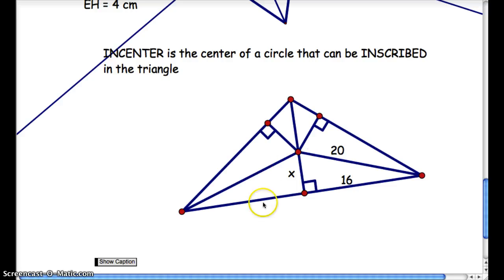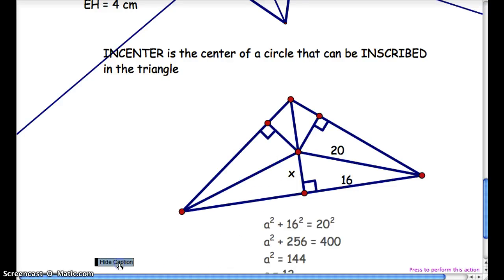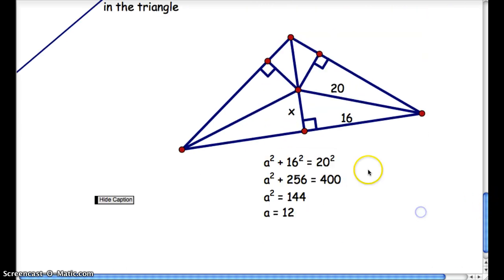Very good. So far, you guys have been good. Look, you have a right triangle. Just remember that 20 is the length of the hypotenuse because it's the longest one, the one across from the right angle. And that's it. Any questions?